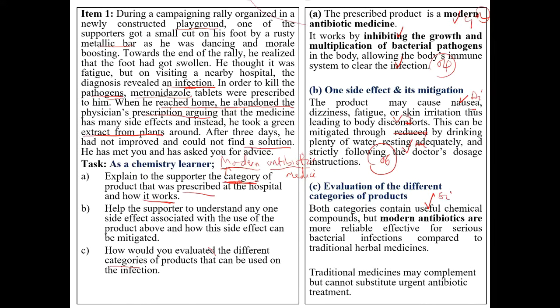But modern antibiotics are more reliable and effective for serious bacterial infection compared to traditional ones. So that is the difference that is being mentioned. Here we need only one similarity and one difference.